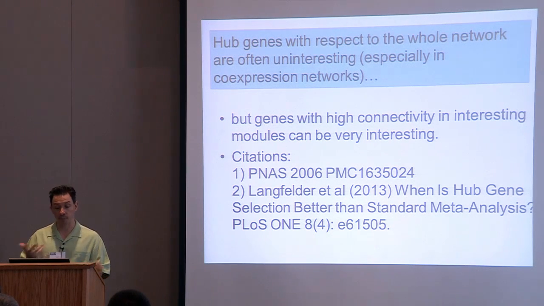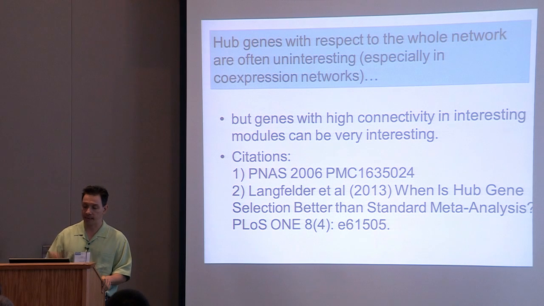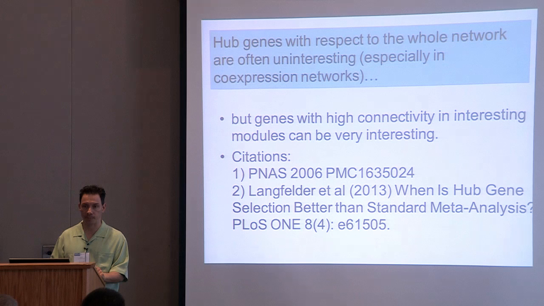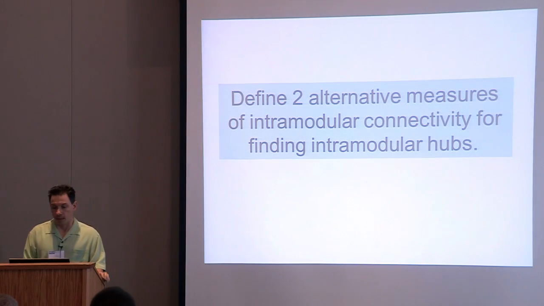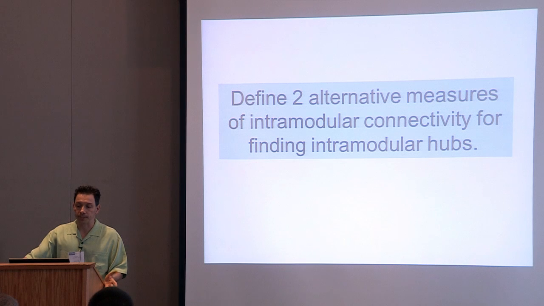They may play an important biological role, and there are several papers that show that. But I just wanted to mention that important point. It's critical to focus on intramodular hubs in many of these applications. But how do we identify hubs?